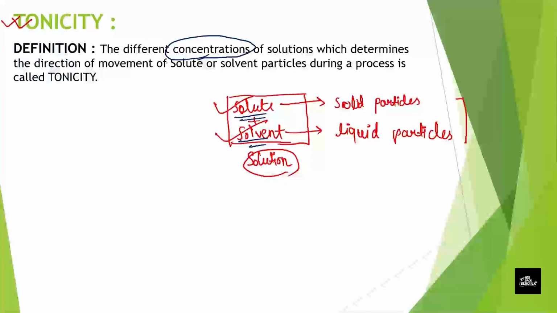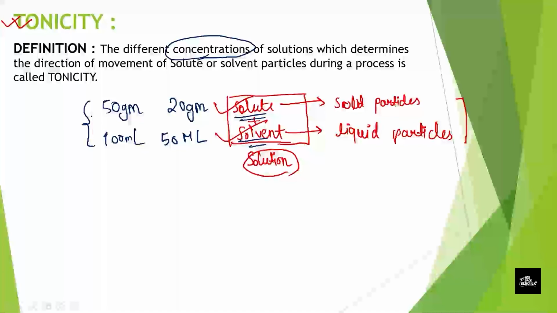So the concentration of a solution means the amount of things that it has and the quantities in which the things are present. There can be 20 grams of solute and 50 ml of solvent, or there can be 50 grams of solute and 100 ml of solvent. These are certain configurations which define the concentrations of a particular solution.